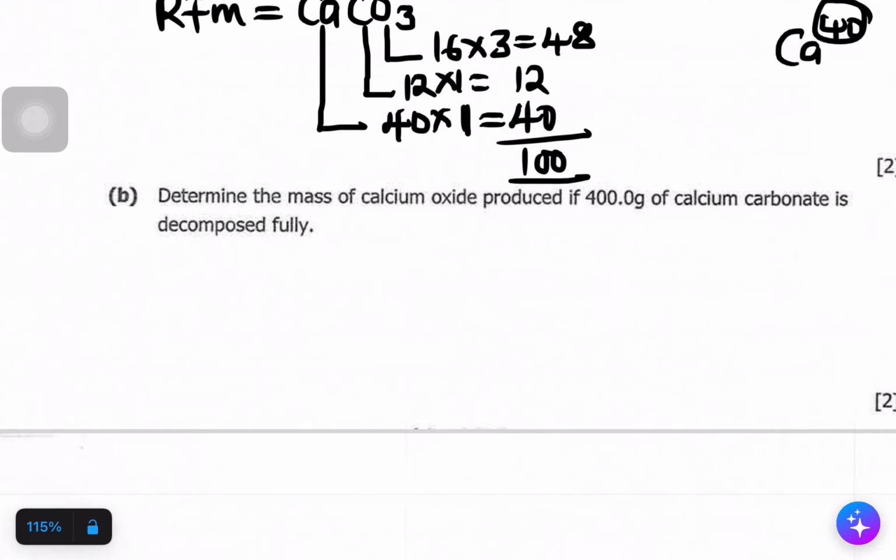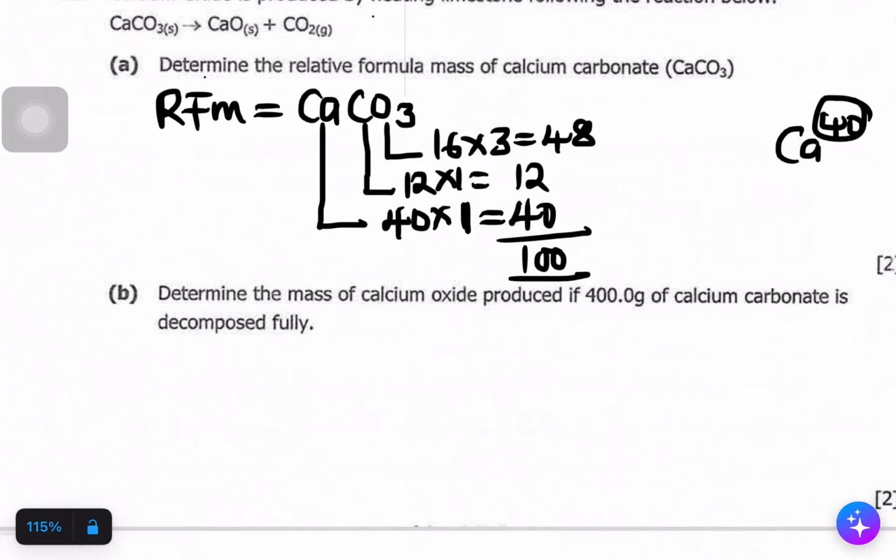And then we look at the second part, which is on theoretical yield. We are asked to determine the mass of calcium oxide produced if 400 grams of calcium carbonate is decomposed fully, just like the previous video. In the previous question we looked at the calculation for theoretical yield.